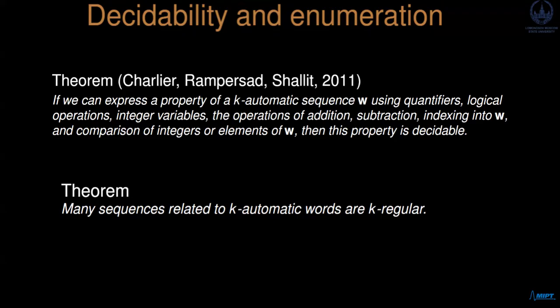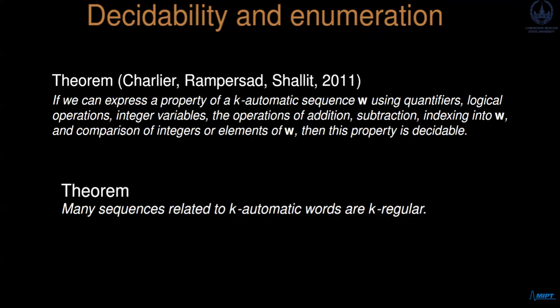These results are significant because they show that not only can we recognize K-automatic sequences, but we can also decide many of their properties using algorithmic methods. Additionally, the notion of K-regularity provides a framework for studying related sequences that share similar regular patterns.